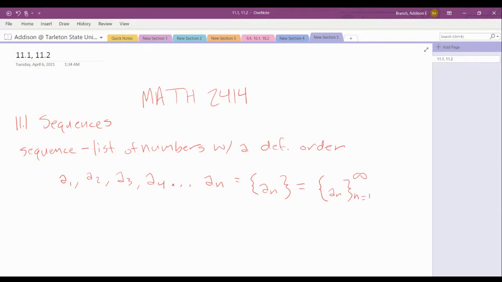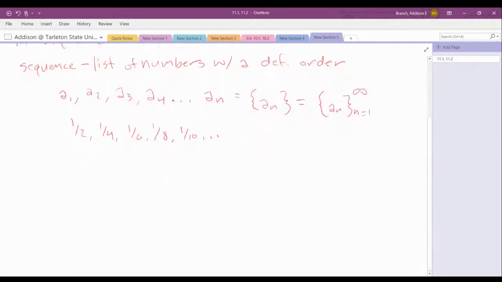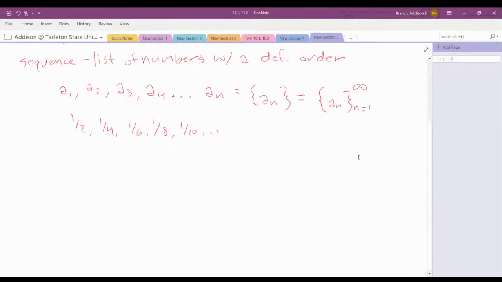An example of this, using actual numbers, could be something along the lines of 1/2, 1/4, 1/6, 1/8, 1/10, and so on and so forth. If we look at this little sequence that we just wrote out, we can notice a pattern.